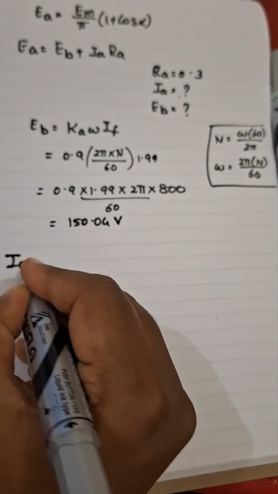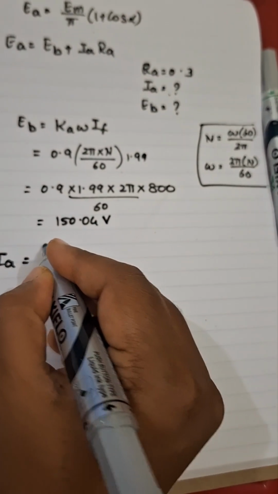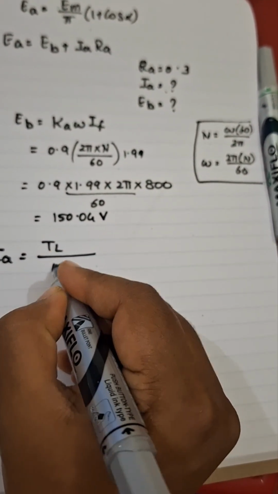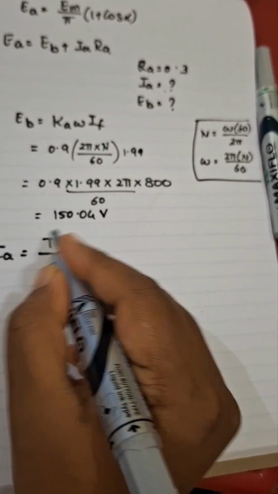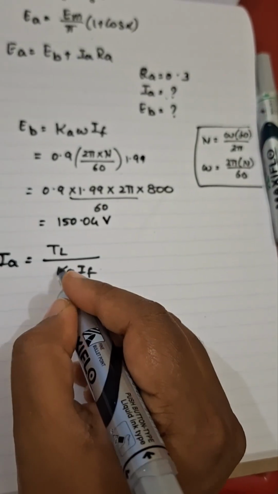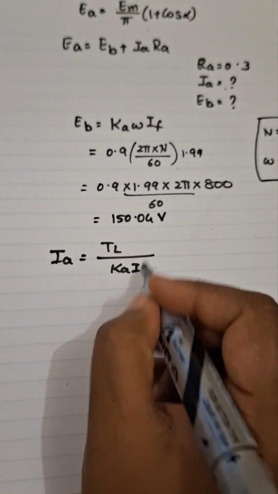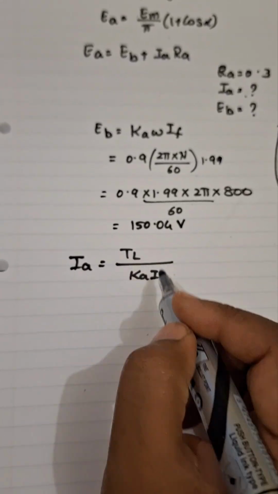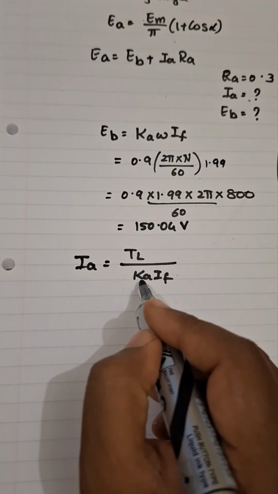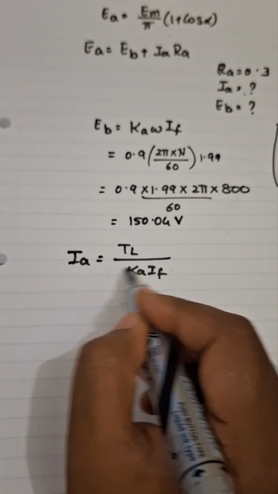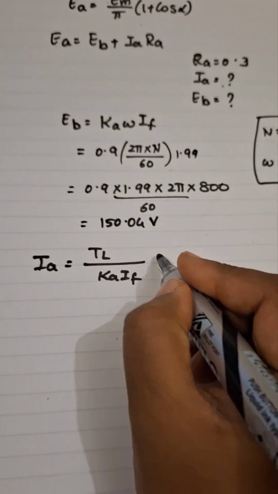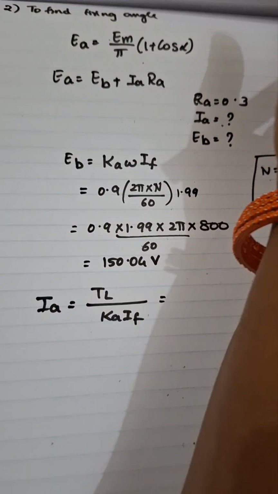Similarly, we should find IA. IA can be written as load torque by KAIF. Why are we using these formulas? Because the voltage constant is given, so we are supposed to use these formulas. Actually, load torque is equal to IAIF into KA. I want IA, so I wrote it as TL by KAIF.